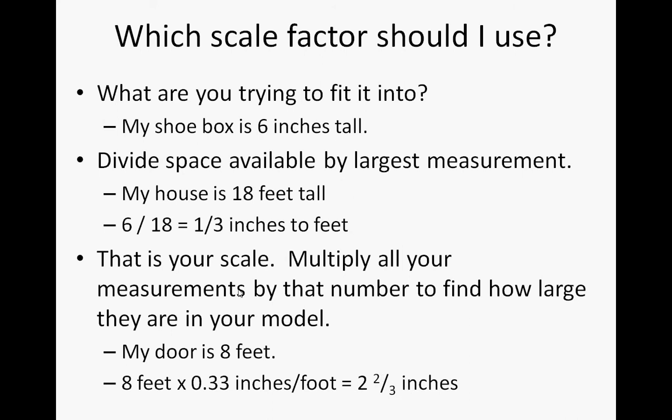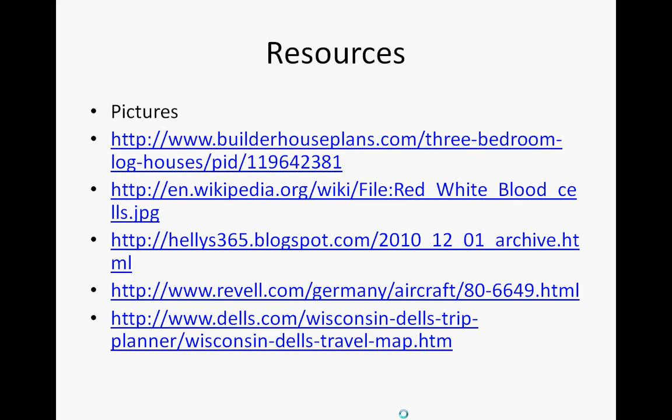Now what this does, using just 1/3 inches to feet, even though it's not simplified the way the ratio is supposed to be, it allows me to skip that extra step of converting my feet to inches, and I get 2 2/3 inches.